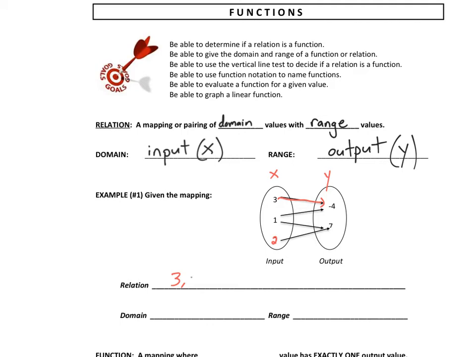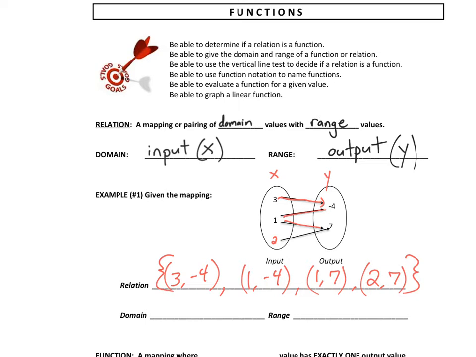So it'll be 3, -4. That'll be the x, y. 1 gets paired up with -4. 1 also gets paired up with 7. And 2 gets paired up with 7. Okay, that would be our relation.